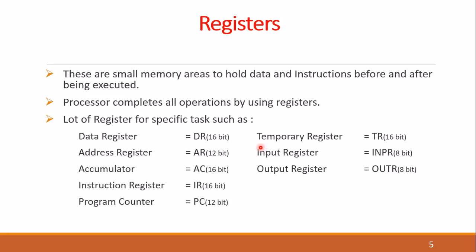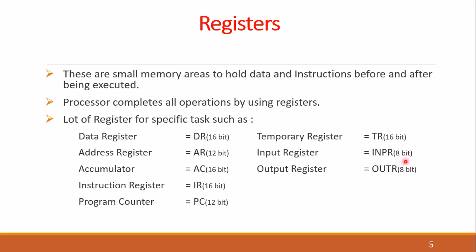It means it holds the instruction that is about to be executed. And then the temporary register. You can understand this by its name. Temporary means holding the values for the time being. This is a 16-bit capacity register.